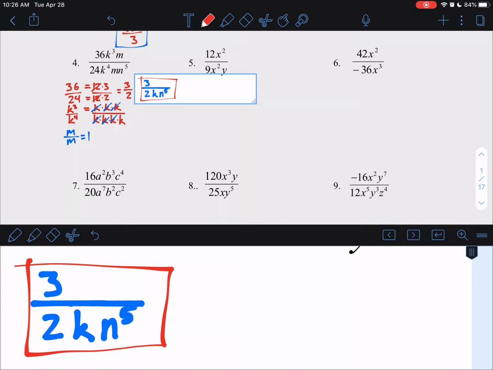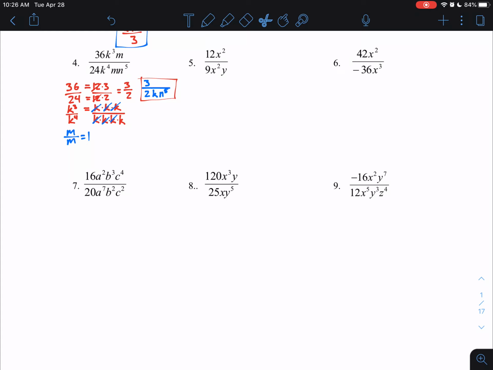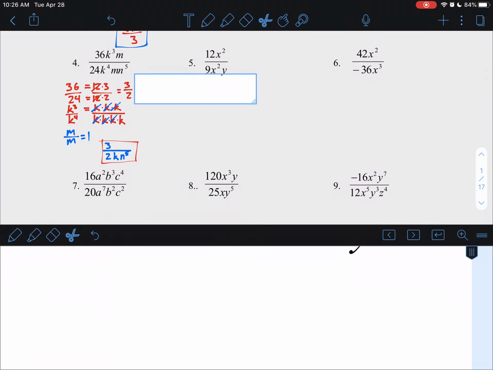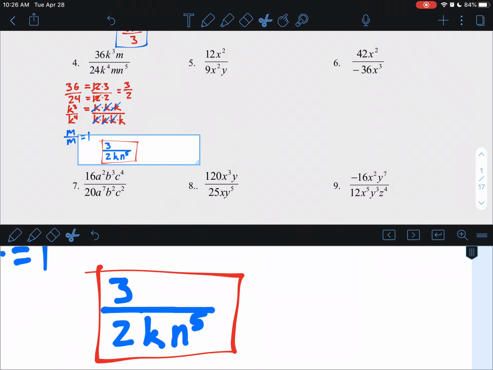I'll actually move that down there. Looks good. And just to make that 3 a bit more centered, there. Okay, 3 over 2k n to the fifth.